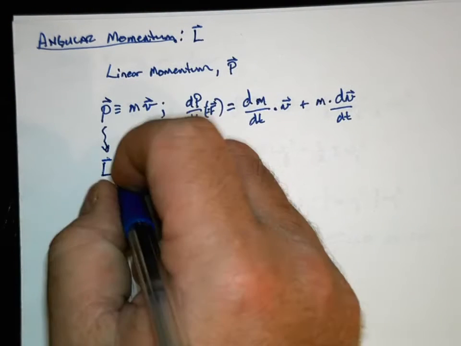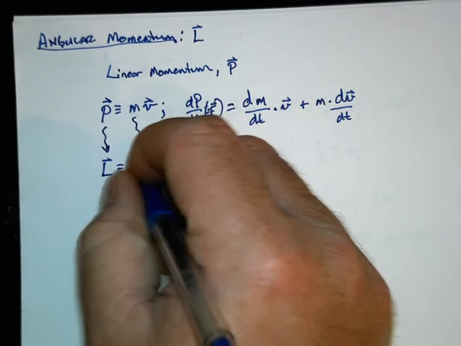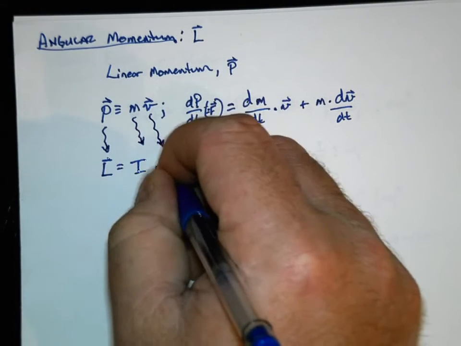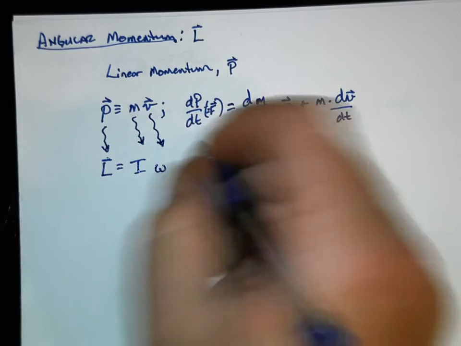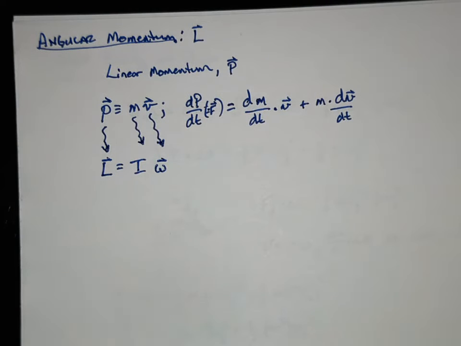And L equals, now our analog for mass is moment of inertia, and our analog for velocity is angular velocity, omega, and this is our angular momentum, L equals I omega. And those of you that are into tech companies and that sort of thing, that is where the term Iomega came from, where they invented zip drives, and they were the first real purveyors of external portable storage.